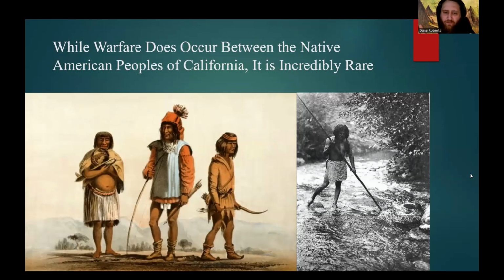Though, of course, this does vary a little bit as well because some Native American groups and nations in the Southwest, as well as the Great Basin, most certainly did have some degree of warfare that was more frequent than, say, the heart of what is now California. But the broad strokes still suggest that warfare was fairly rare in California prior to European colonization.